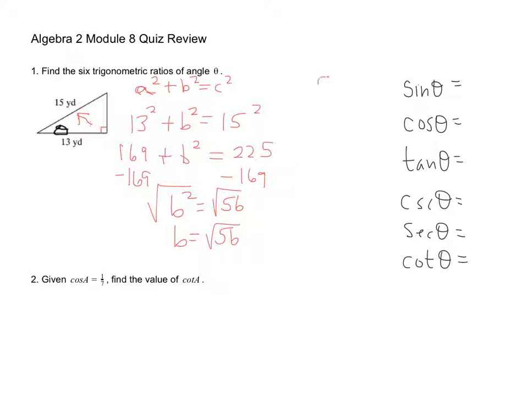Now if I break 56 down, that is 14 and 4, 2 and 2, 2 and 7. So I have a group of 2's that come out. So I could write this as 2, and then I have a 2 and a 7 left inside, so that'd be 14. So this missing side over here would be 2 square root 14.